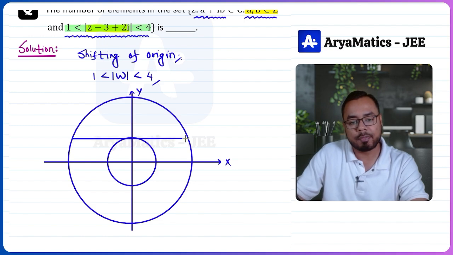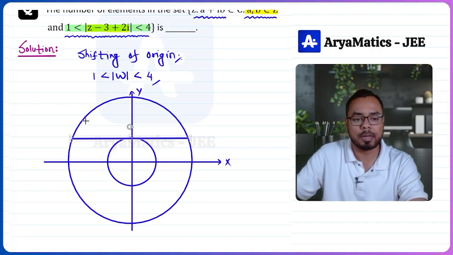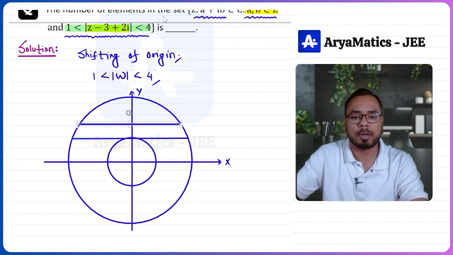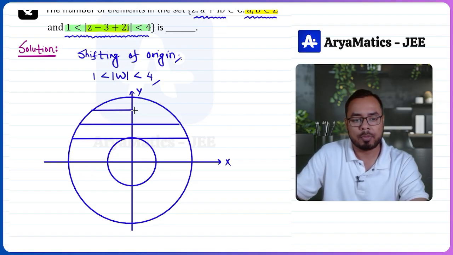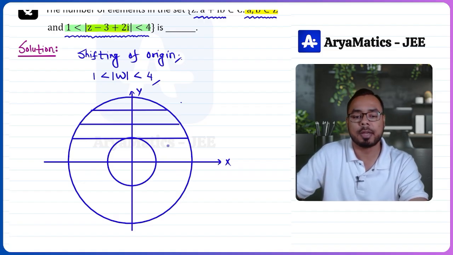Now let us draw different lines. This is the y equals 1 line, the next line y equals 2, and another one y equals 3. The y equals 4 line will be just touching the circle at this point, so there will not be any points with integral coordinates here.